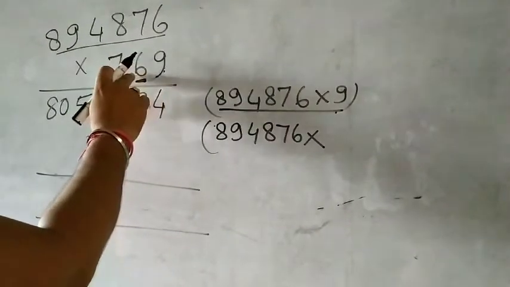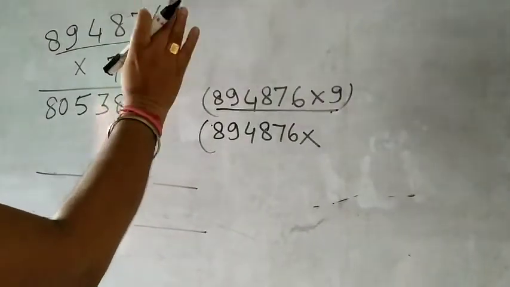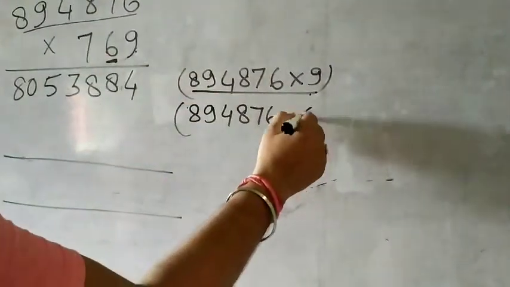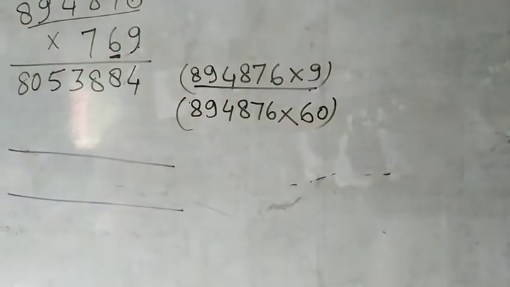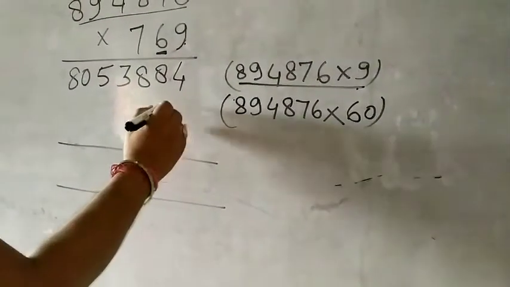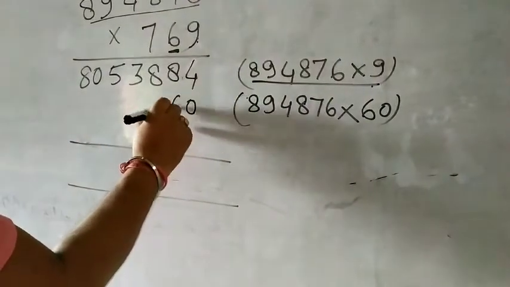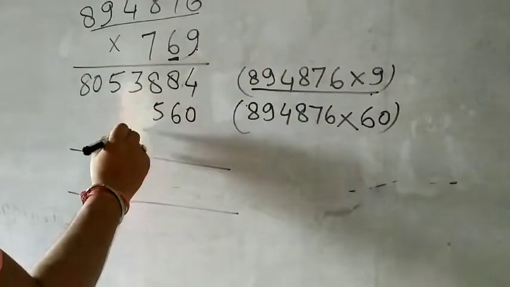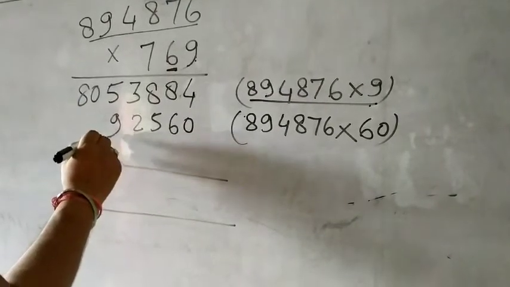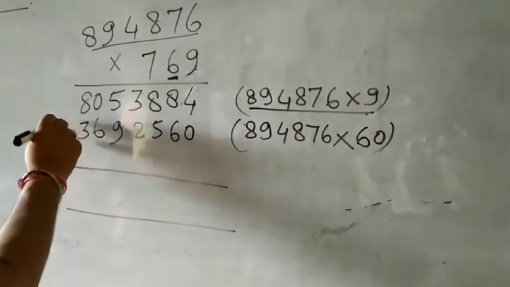Second term is 6. So here we replace the 9, we got 60. It's a place value. That means we multiply with the 60. We got the result.